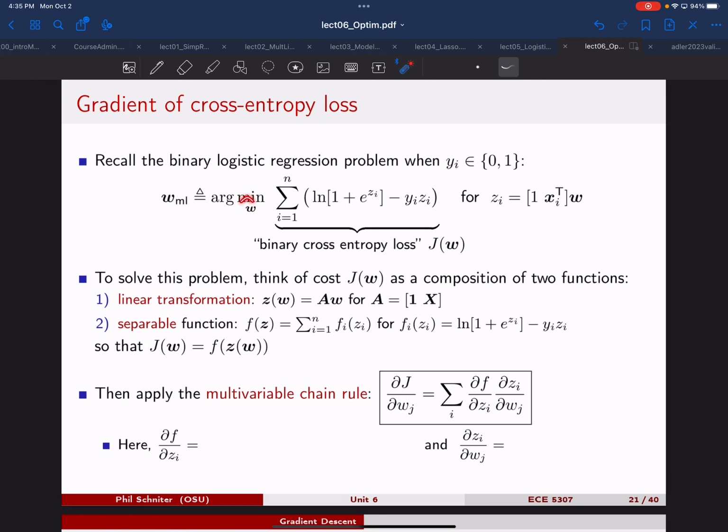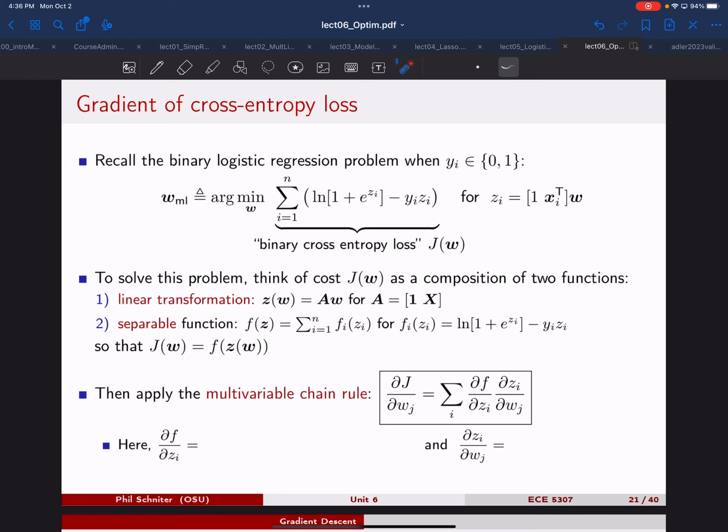The thing we're minimizing over w is used to create the z_i's. So a particular z_i is 1, and then the x_i transpose vector, that is a row vector, times w, which is this column vector. So it's a little bit complicated because there's two stages, two parts to this loss function. So we're going to exploit this to derive the gradient.